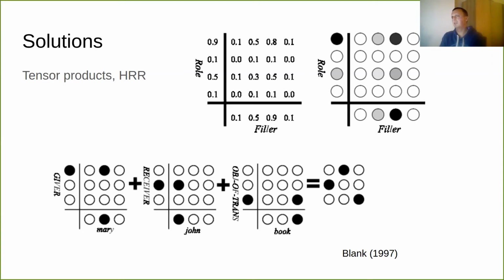So there is no dimensionality explosion. These are the so-called holographic reduced representations. That's a clever algorithm suggested by Kanerva, which is basically the same operation, but it results in a vector which has the same dimensionality as the roles and the fillers.